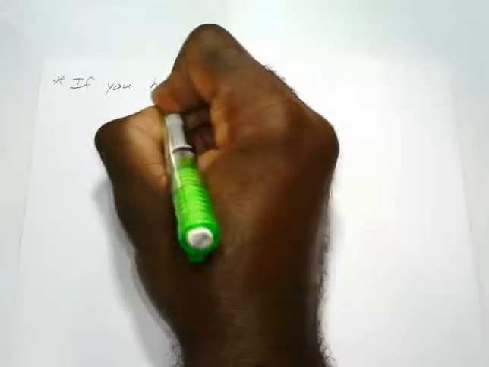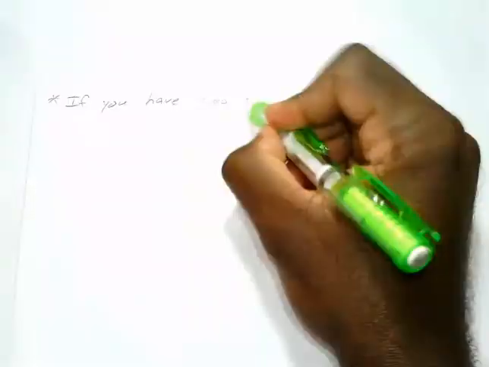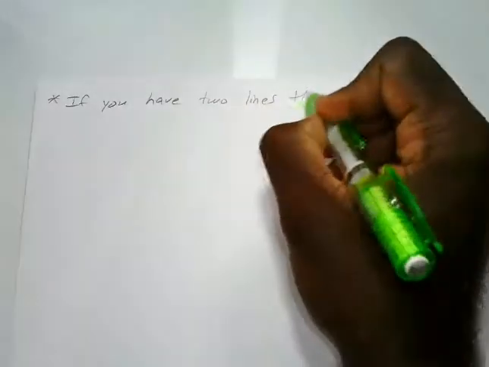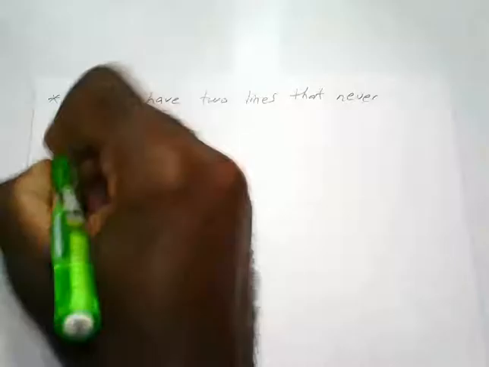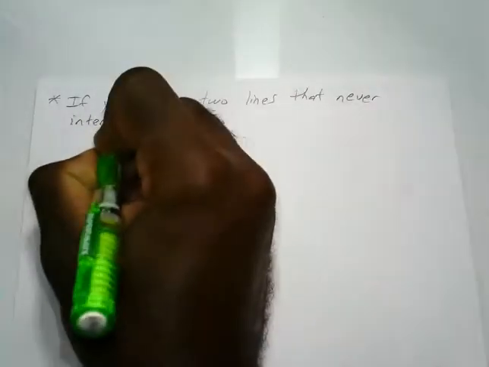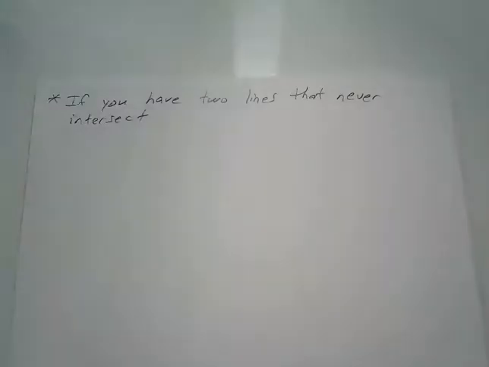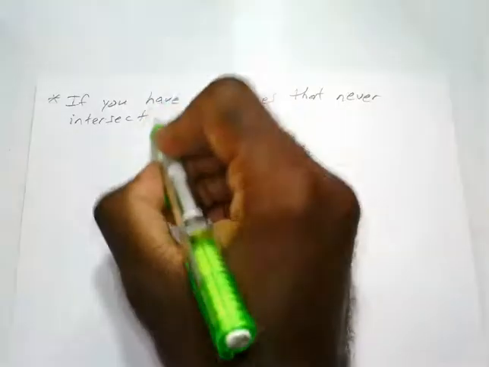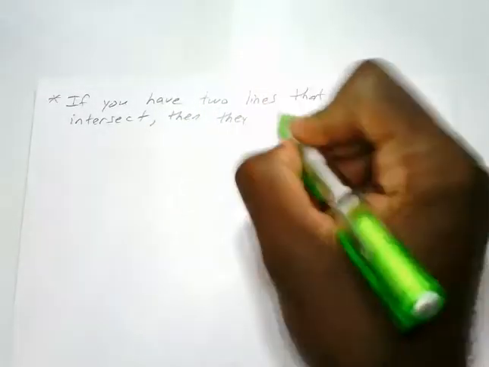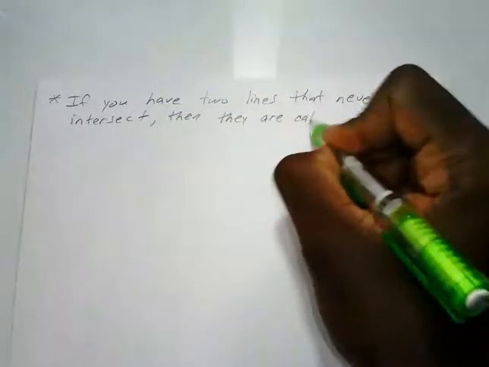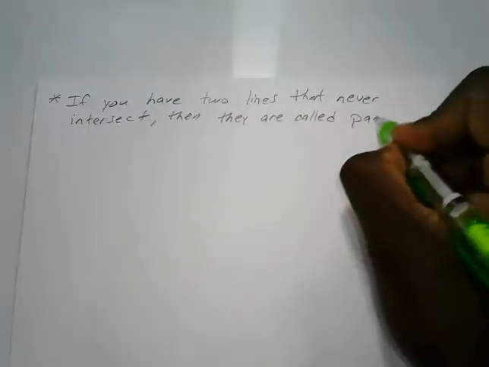So if you have two lines that never intersect, and all that means is they never cross each other, then they are called parallel lines.